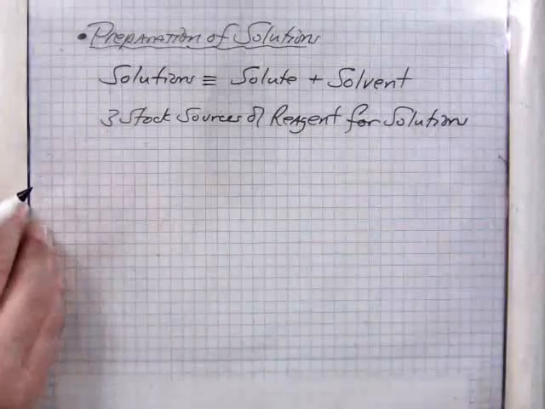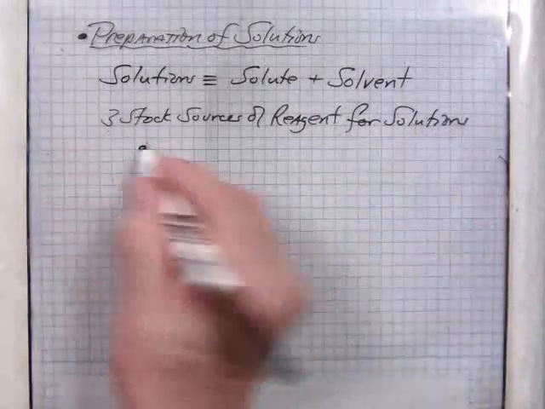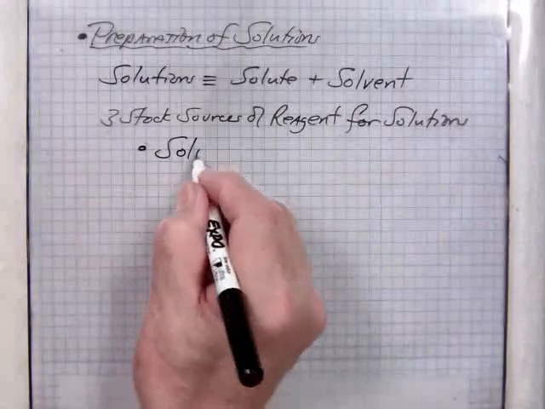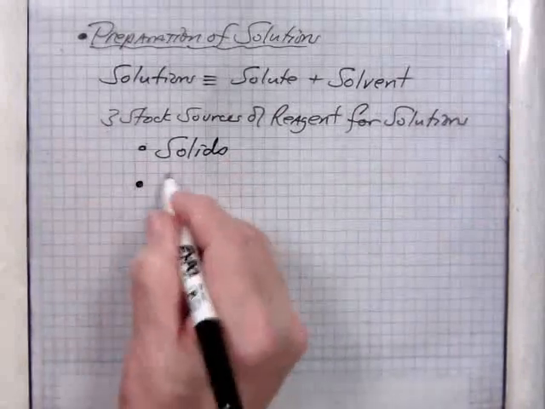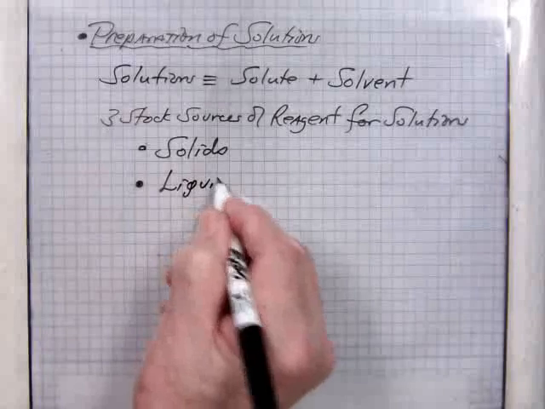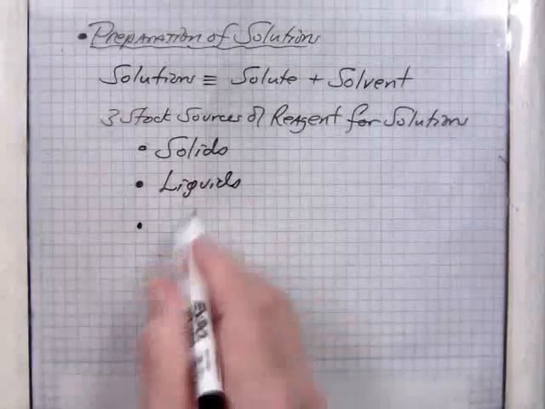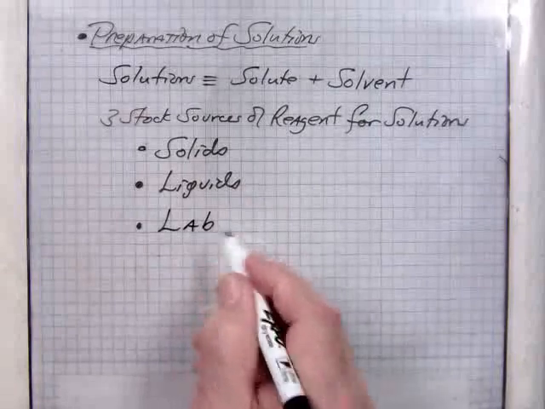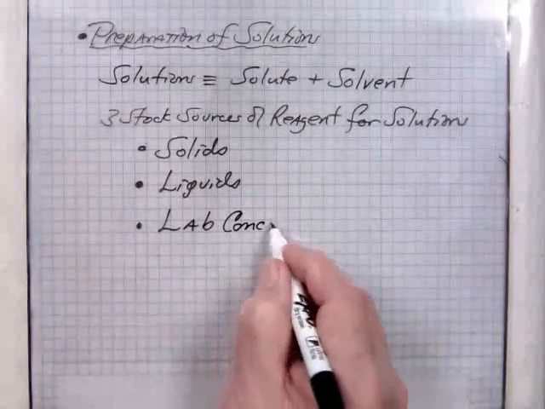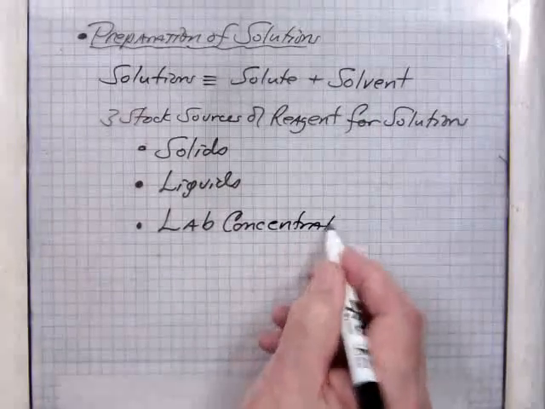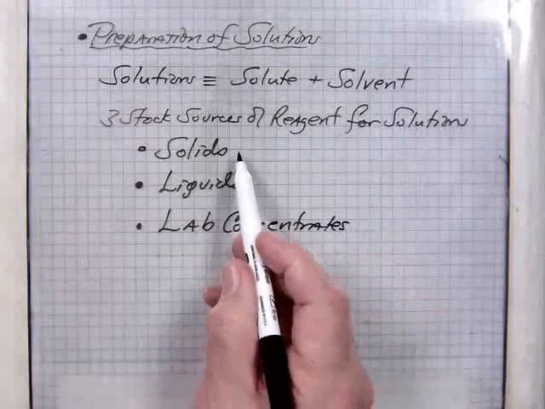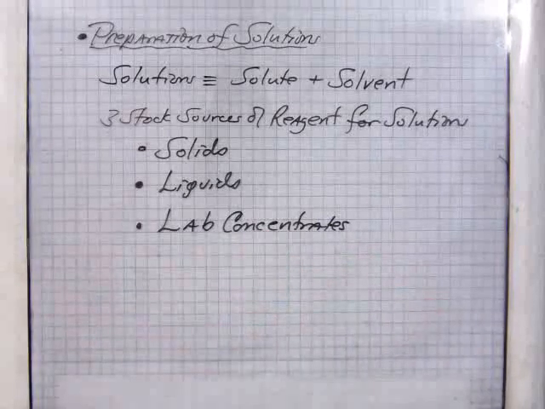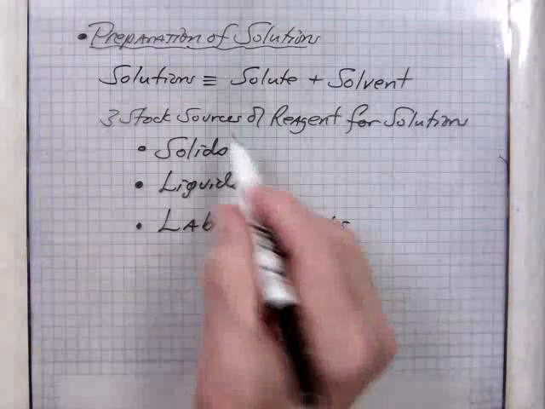Of course, manufactured, and these include solids, liquids, and lab stock concentrates. When we talk about solids, what we're talking about is ordering a reagent from a manufacturer, and when you get it, it's in solid form.